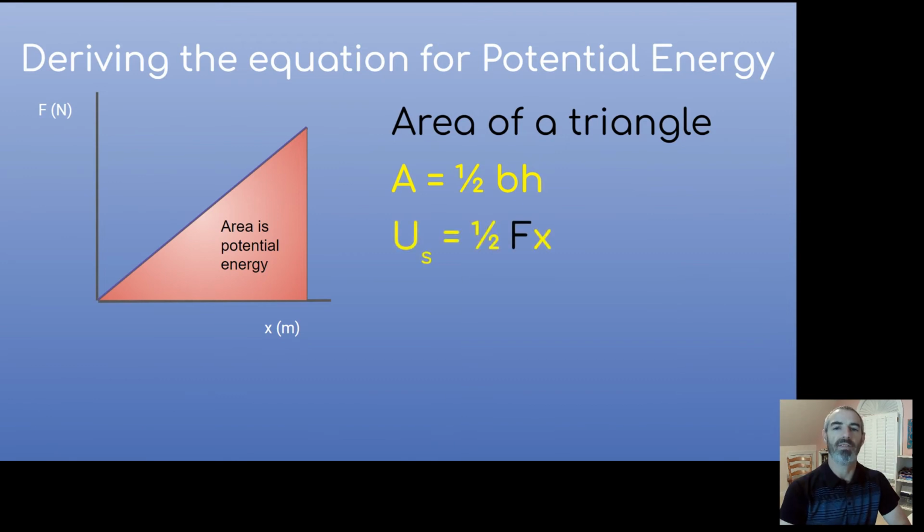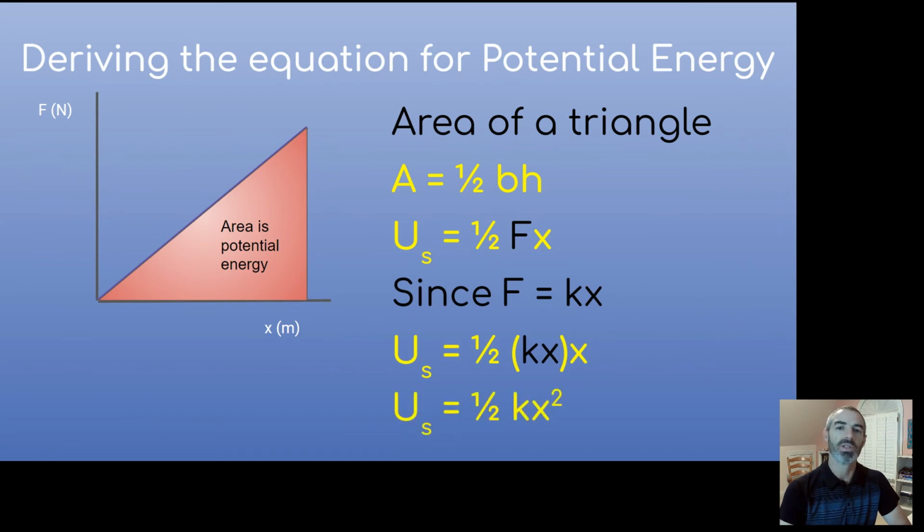And that equals 1/2 the height times the base, which is 1/2 Fx. Now, the reason F is in a different color is because most times we're not going to know the force. We're going to know the spring constant and how far it's stretched. So we can use Hooke's law and substitute in Kx for force times x, and that simplifies to 1/2 Kx squared, which is the equation to find potential energy.